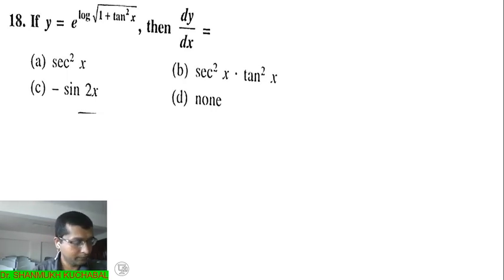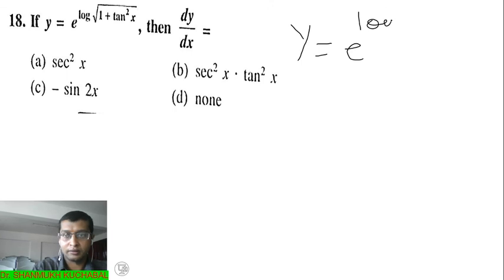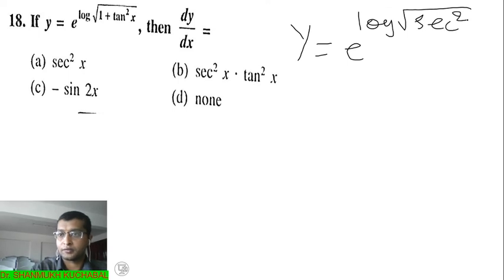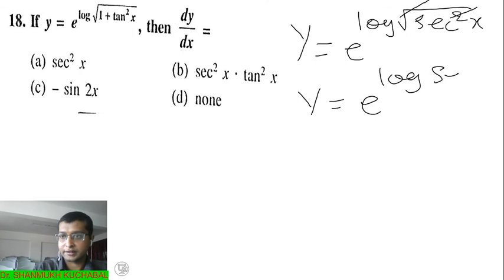Now the last example: y equal to e raised to log of root of 1 plus tan square x. So we will simplify and then find the differentiation for this. 1 plus tan square x under the square root is sec square x. Square and square root cancel, so we get y equal to e raised to log of sec x.